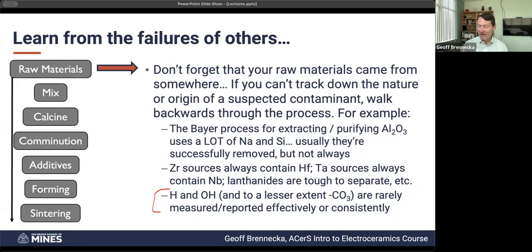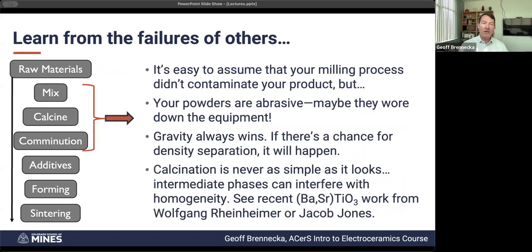and you don't want to find out after the fact that you really should have measured the thing you started with. As you're going through all of these steps along the way, mixing, calcining, and milling, it's really easy to assume that you didn't screw up your product, you didn't screw up your powder. But your powders are abrasive. They're ceramics.